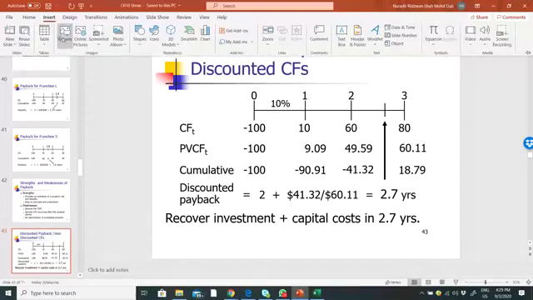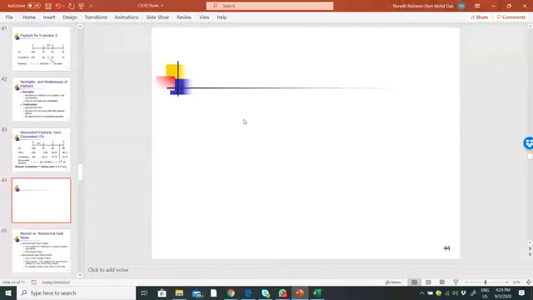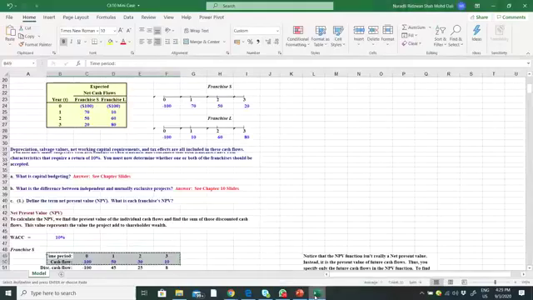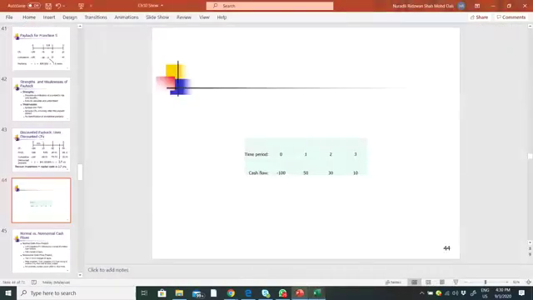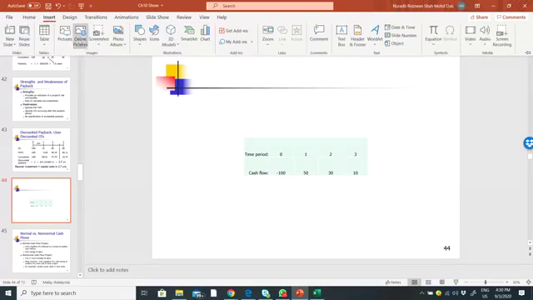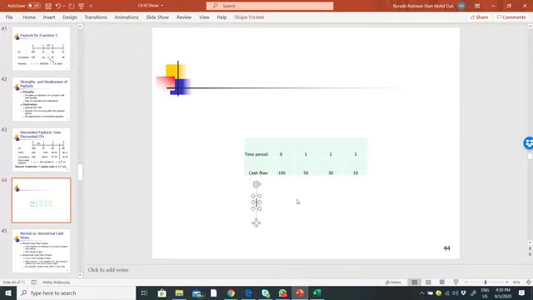Insert new slide. Can you calculate the NPV if the rate of return we are using is 10%?